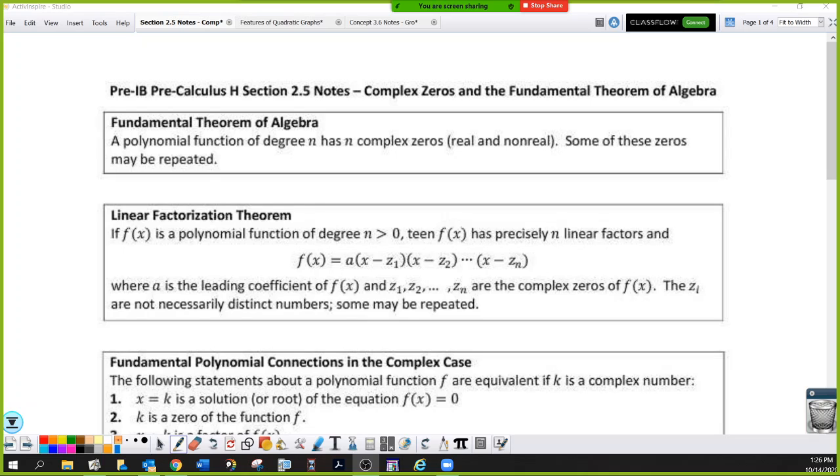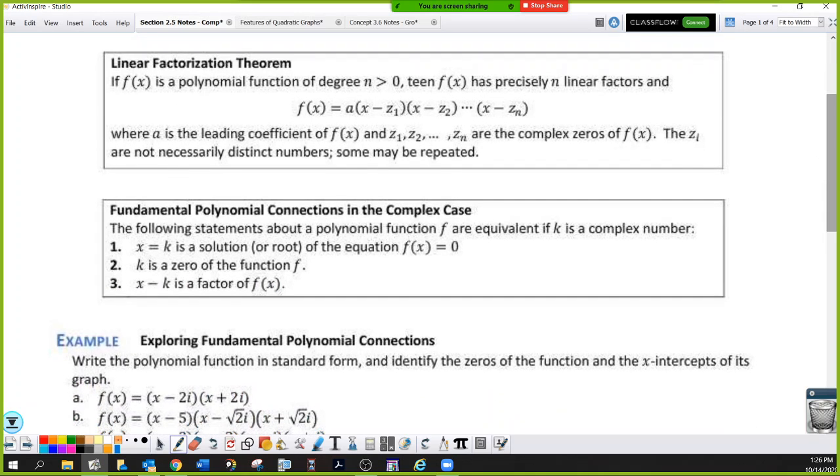Linear factorization theorem says any polynomial that has a degree bigger than 0, obviously, has precisely n linear factors. So a degree 5 polynomial can be split into 5 sets of parentheses that are all linear. Well, a is the leading coefficient, and it's right there out front. And f of x is written with z1, z2, z3, z4, and so on.